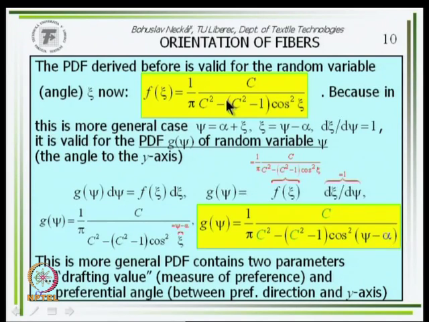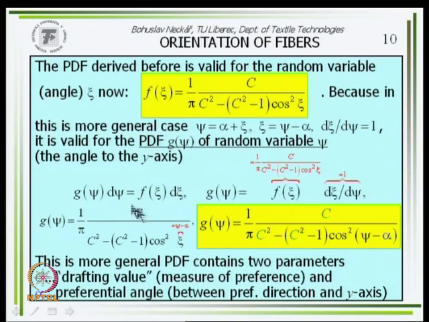Yeah? And what is valid now for the probability density function? I call it now by the new symbol g psi. It is the angle to the y-axis, not obligatory to the preferential direction. It must be our old function, but with the angle psi. Using it, we obtain the final probability density function g psi, which is given by such an expression having two parameters.